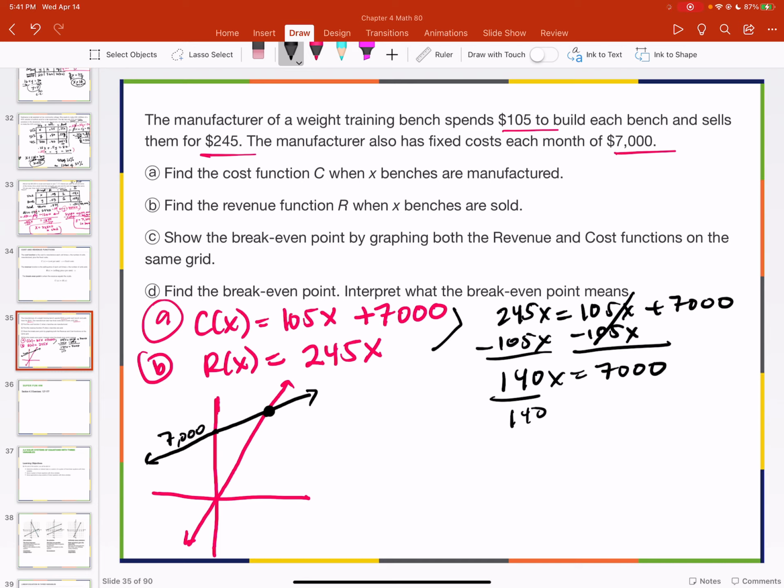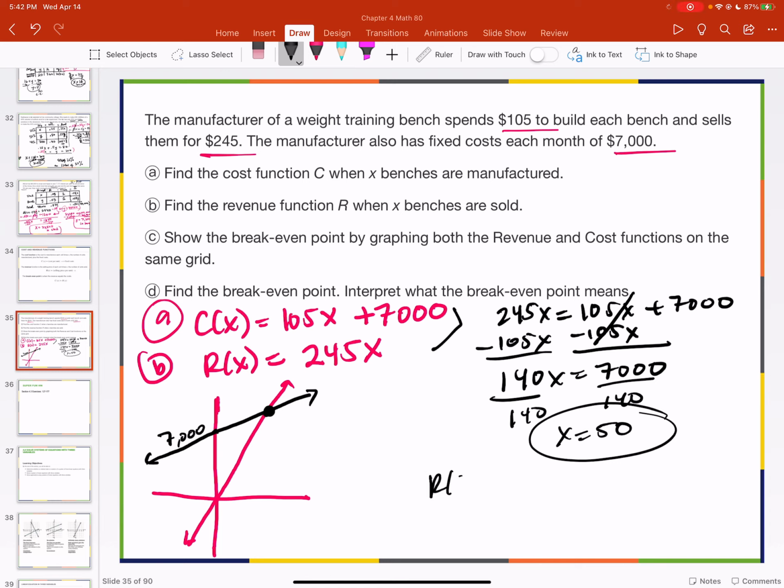And what do you get? 7,000 divided by 140 is 50. Okay, so that's the break-even point. When 50 benches are sold, the cost and the revenue are both the same.